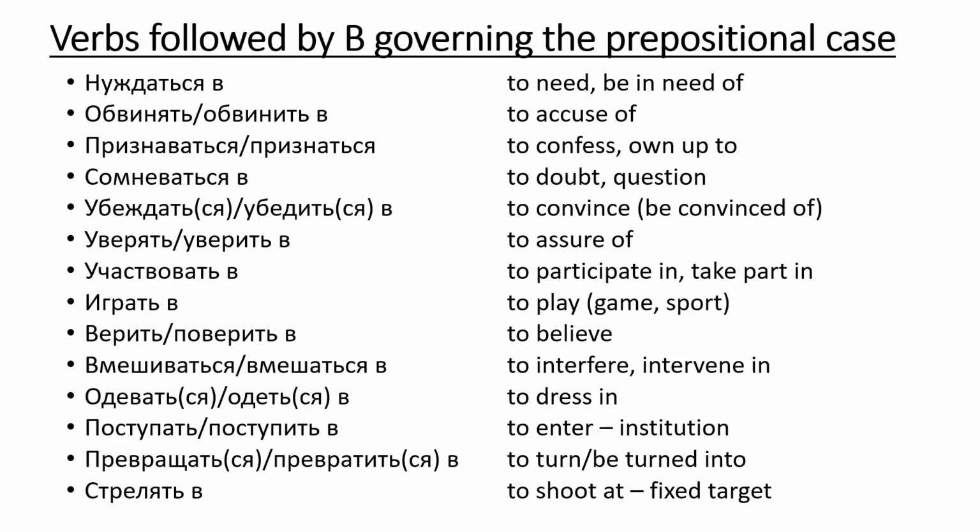And here are some verbs that are followed by в and which also govern the prepositional. So I'll just go through them quickly. We have нуждаться в, обвинять or обвинить в, признаваться, признаться в, сомневаться в, убеждаться or убедиться в, уверять, уверить в, участвовать в, играть в, and that's for games or sports rather than musical instruments.